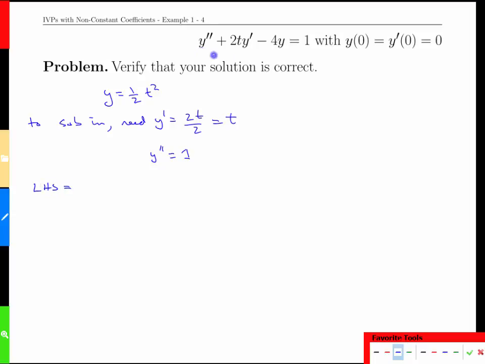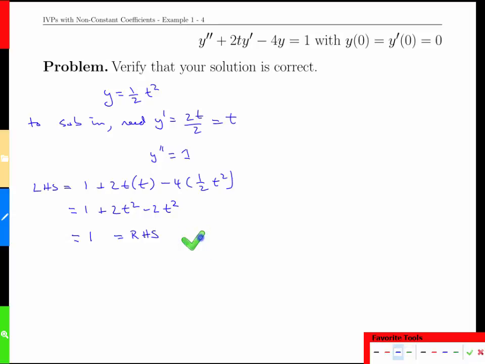Then our left-hand side of the differential equation up here is simply 1 plus 2t times t minus 4 times 1/2 t squared. We can simplify that a little bit. We have 2t squared minus 2t squared, which is equal to 1, which is equal to our right-hand side.